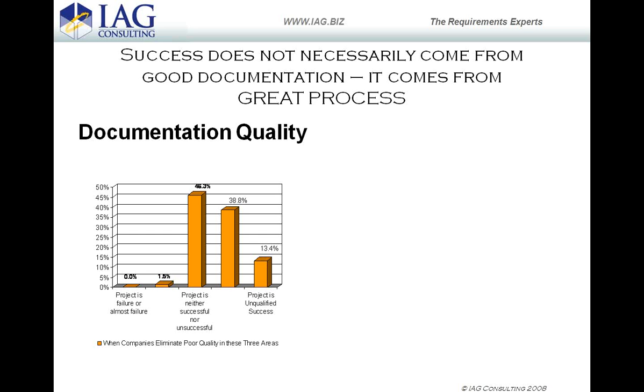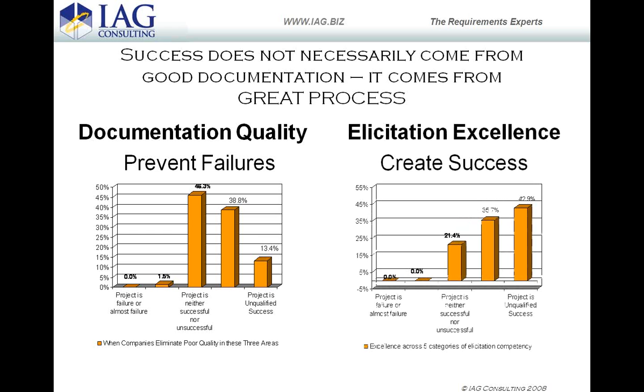Documentation quality is really all about, so let's say you're good at documentation quality. You get the success rate curve, like what's on the left here. It's all about, however, preventing failures. Elicitation excellence, which is the process of doing the requirements, is all about creating success. Two vastly different concepts.